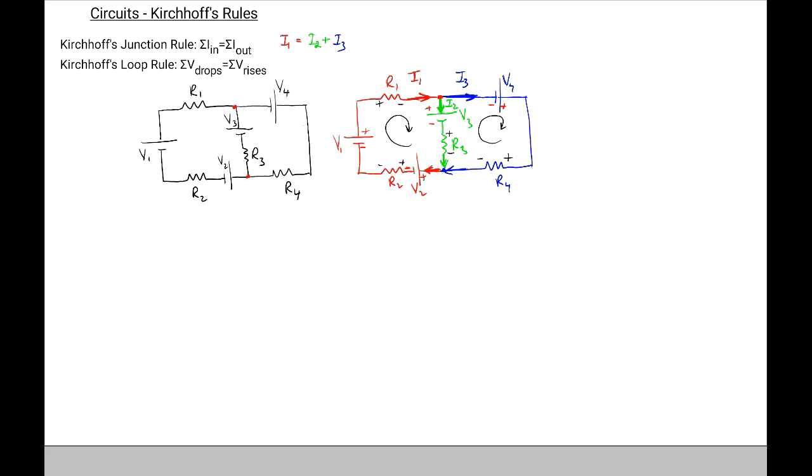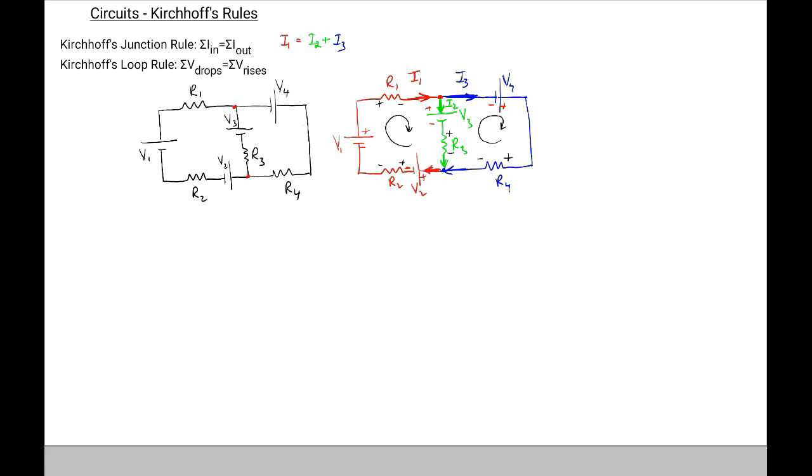So I will go around the left loop. I'll start at this junction down here and then figure out whether any of these voltages are positive or negative, if they are drops or rises.